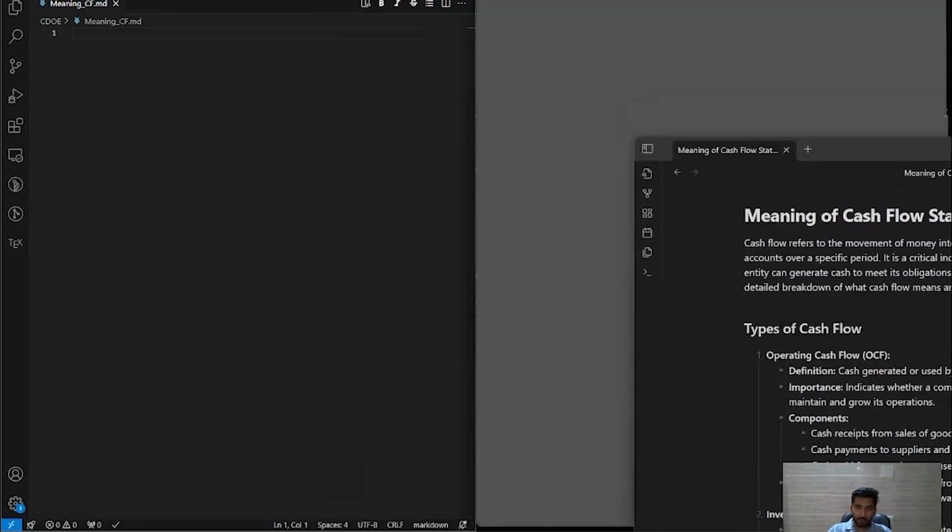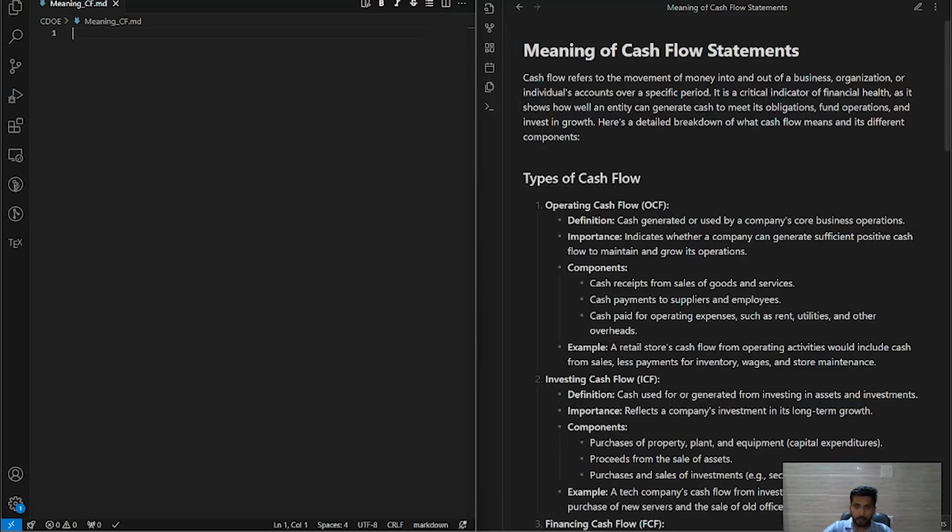So basically, when we are talking about the operating cash flow, it is nothing but the cash generated or used by a company's core business operation.